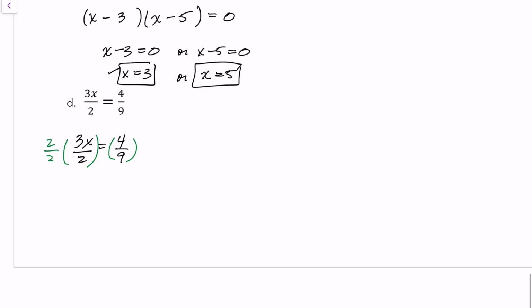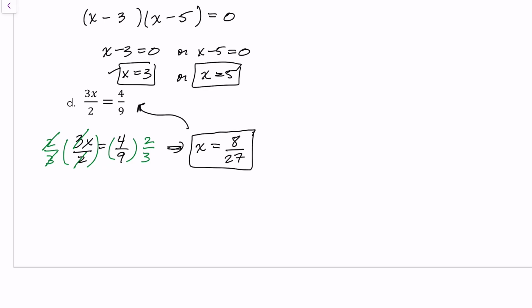So we can multiply by 2 divided by 3 and 2 divided by 3 over here. If I do that, this 2 is going to cancel with this one, this 3 is going to cancel with this one, and all I'm going to end up with is just x, which is what I want. Now 4 times 2 is 8, and 9 times 3 is 27. So this is the value of x that is going to satisfy this equation.